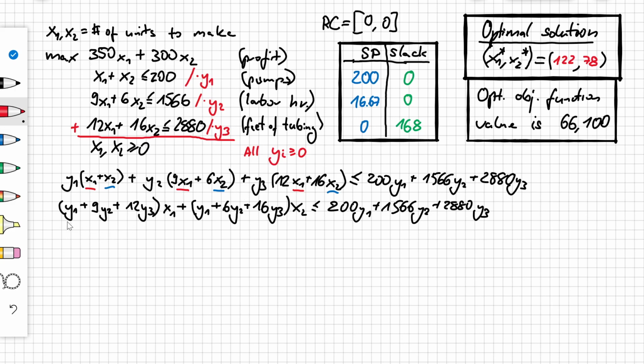If this part is greater than or equal to 350, and this part is greater than or equal to 300, then this function is going to be greater than or equal to 350x1 plus 300x2.